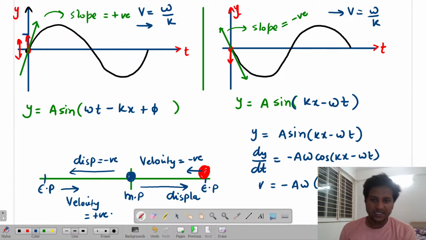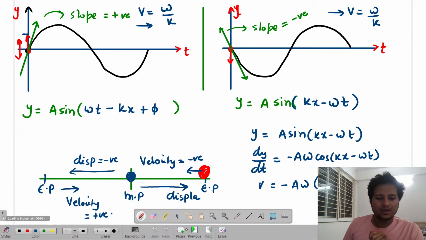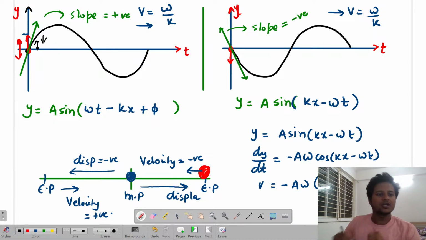Okay. So the question arises: let us remove this discrepancy. How can we remove it? Let us understand one case: whenever a particle is displaced in the upward direction, the intermediate particles will also be displaced in the upward direction, but their tendency of velocity should be downwards, or not?